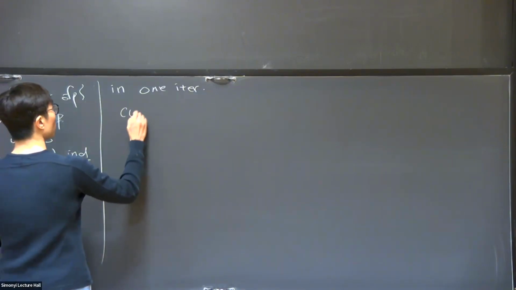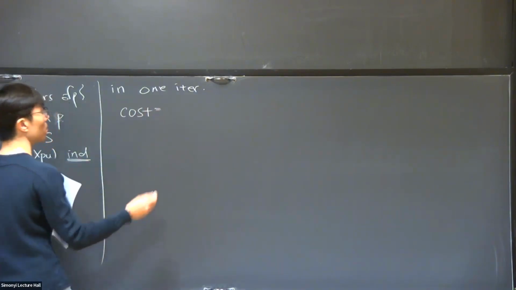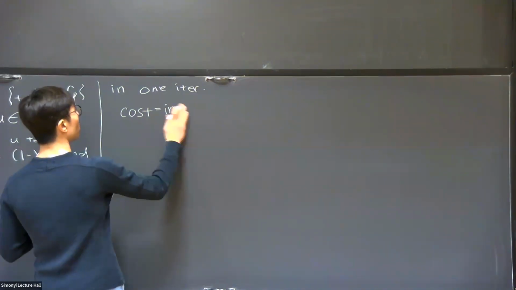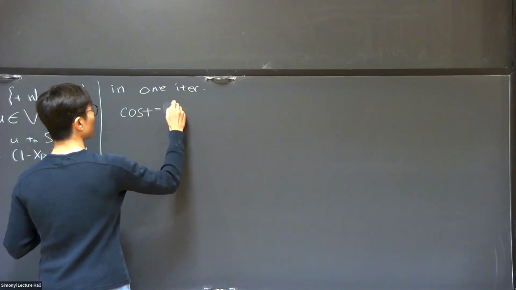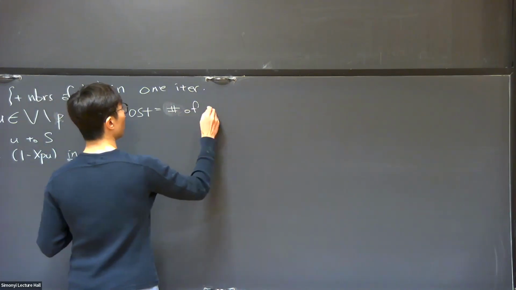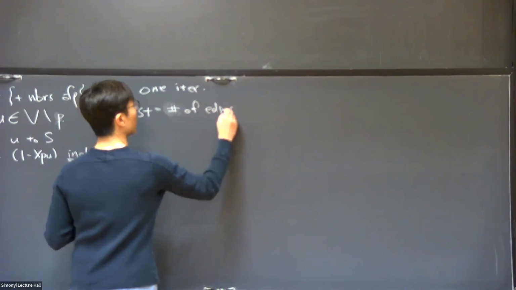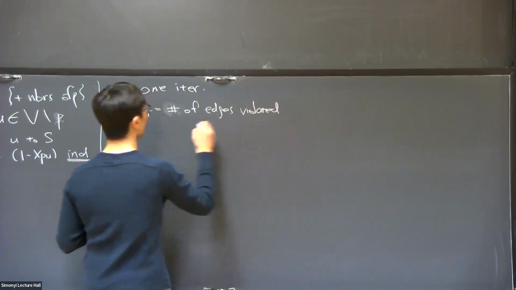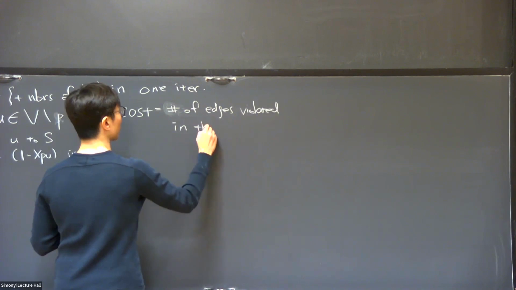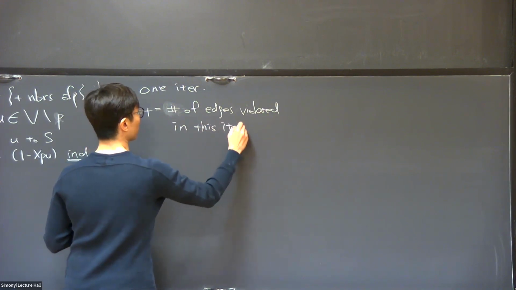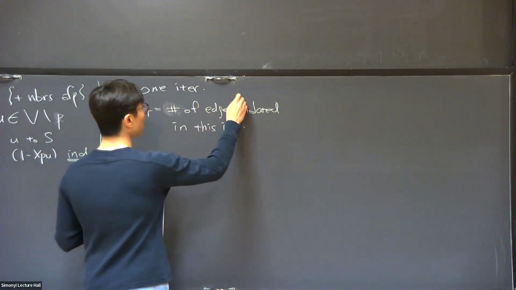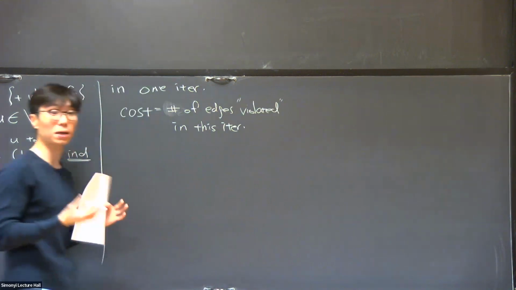The cost is the number of edges newly violated in this iteration. So we're going to make some decisions, and then we're going to violate some new edges, and cost is the number of them.